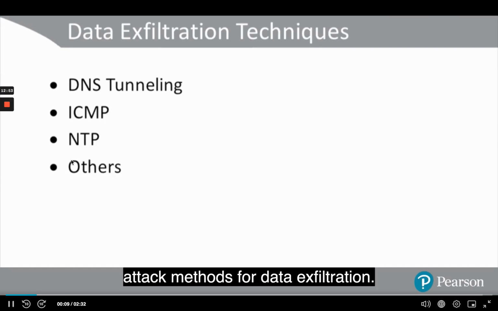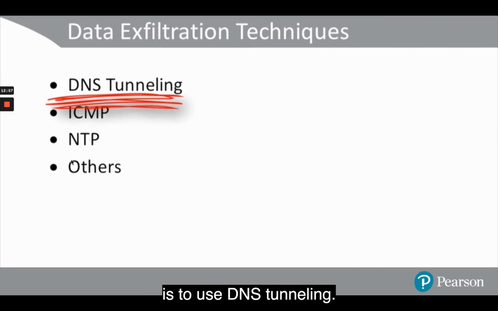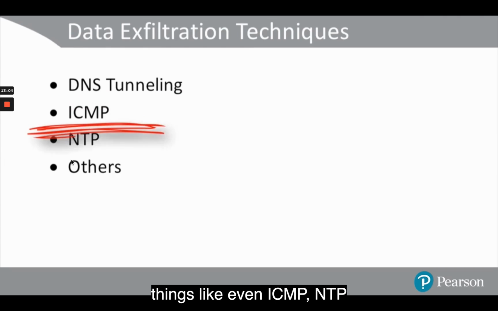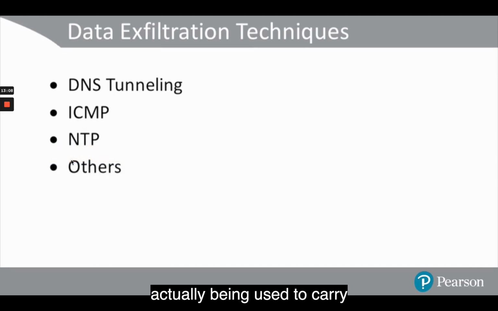For data exfiltration, one of the most popular techniques is DNS tunneling. We're also seeing other types of tunneling or encapsulation, even ICMP and NTP, being used to carry sensitive information outside of the corporate networks.